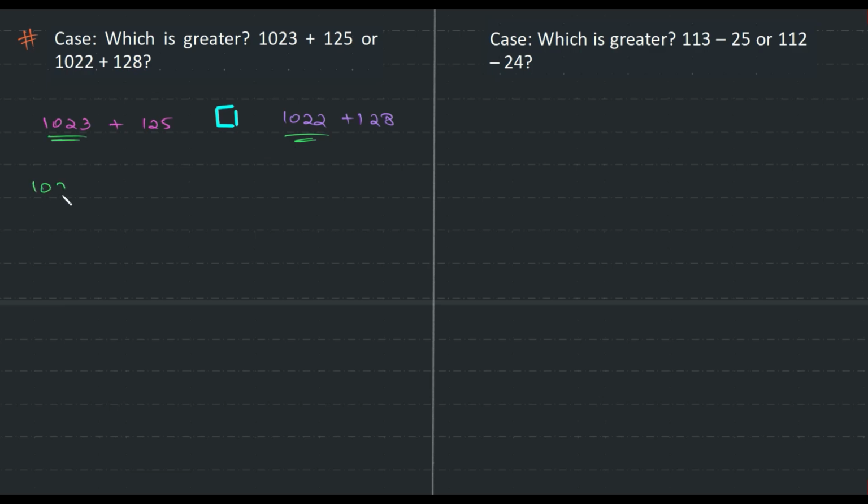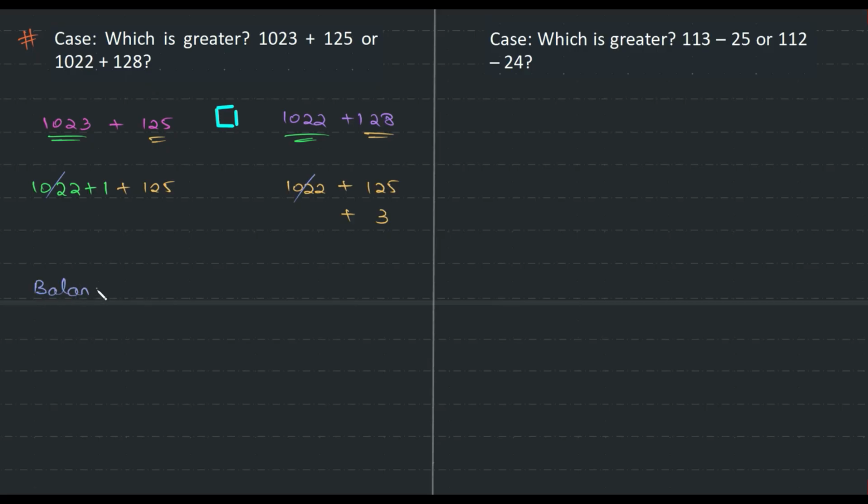Now we have 1022 and this is 1023. So I can write 1023 as 1022 plus 1. While 125 can be compared with 128, and I can re-express 128 as 125 plus 3. Now if you think about it, 1022 and 1022 will balance out.